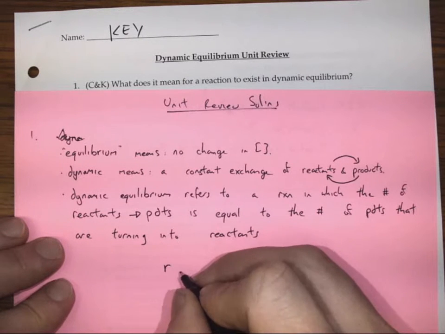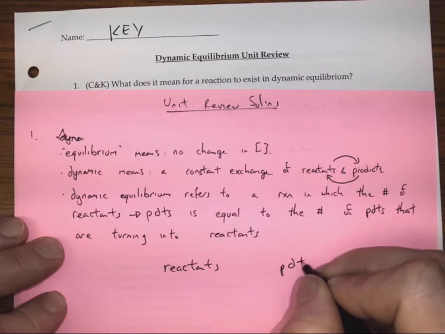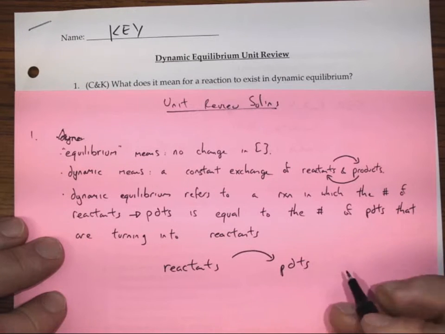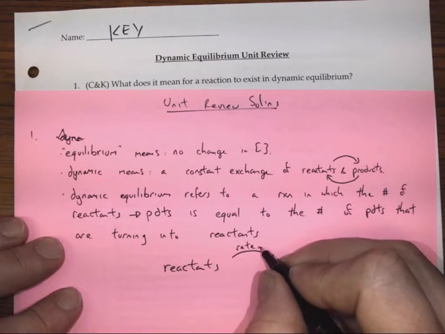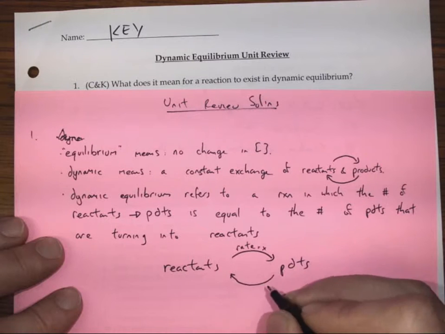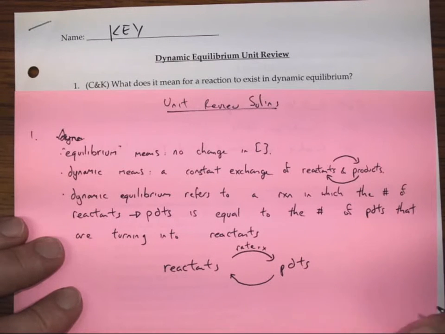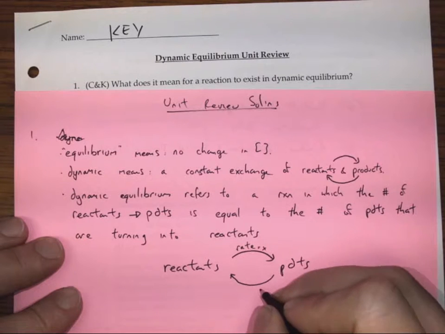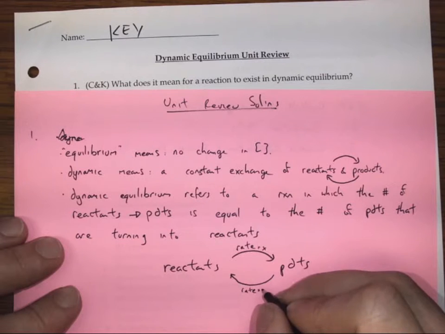So that means if I've got my reactants and my products, the rate is equal to some value x, and that rate of turning reactants into products, which is some number, doesn't matter what it is, it's constant, and it's the same as the rate of turning products into reactants. These happen at the same rate.